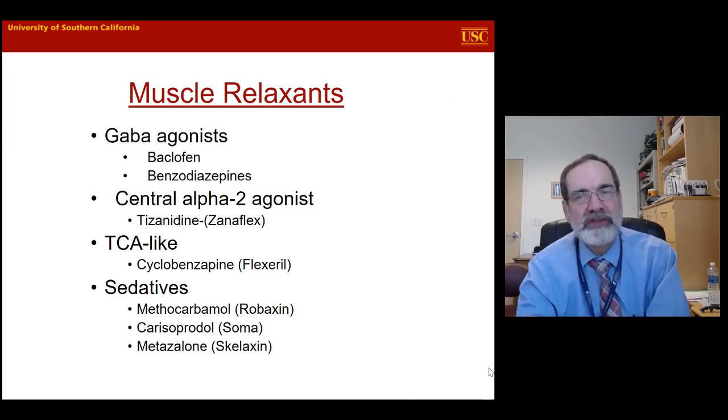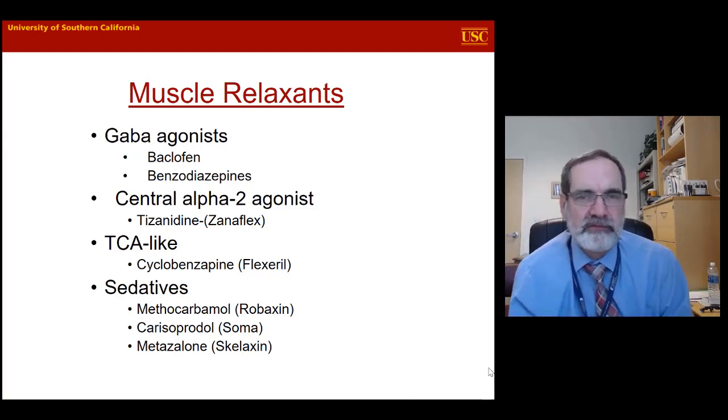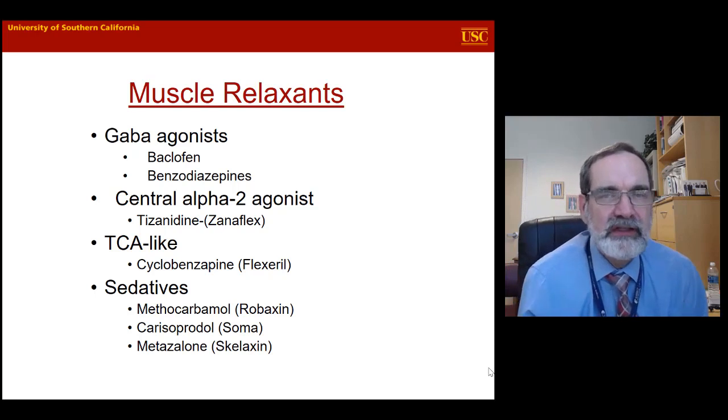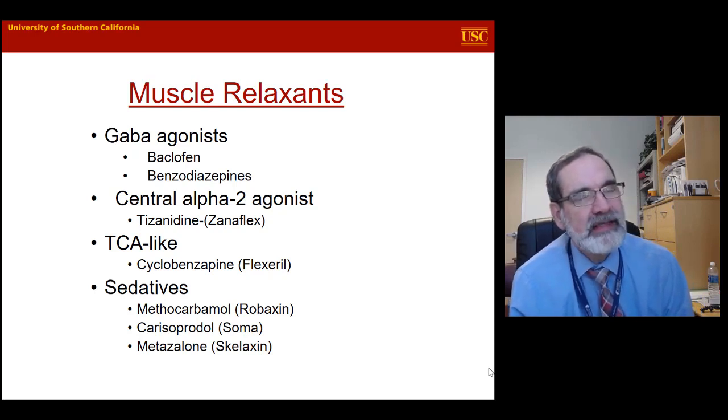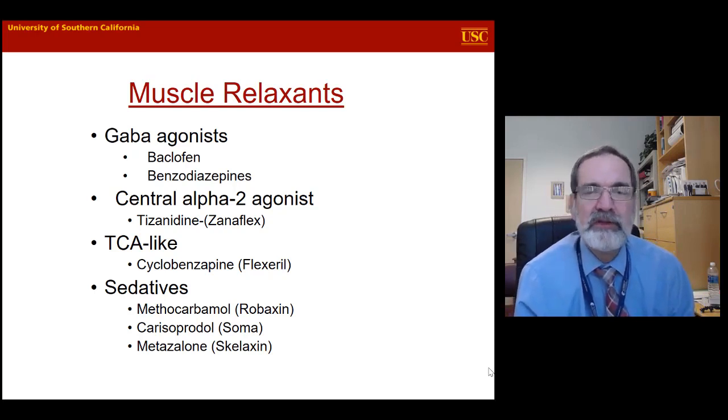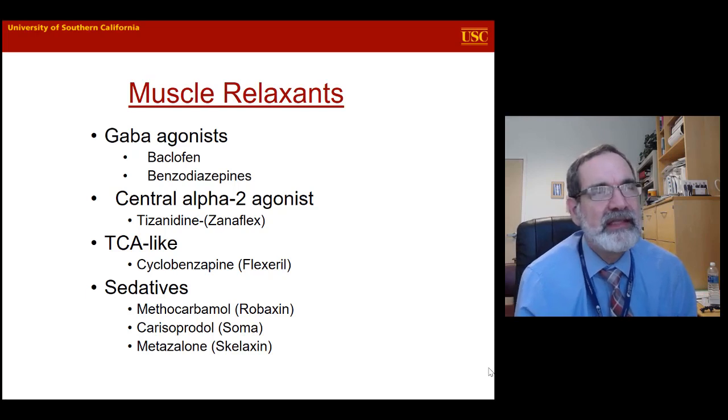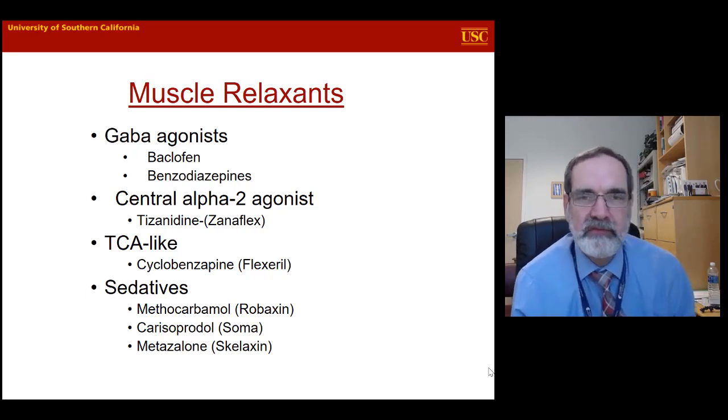Let's review what the muscle relaxants are. First we have those that are GABA agonists, baclofen and benzodiazepines. Baclofen works on the GABA B system and benzodiazepines on the GABA A system. Then central alpha-2 agonists.